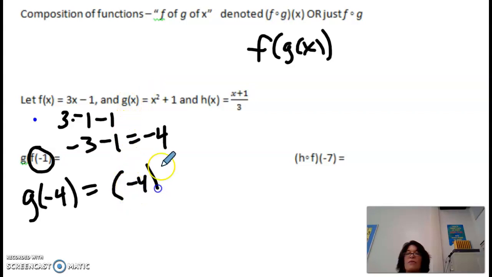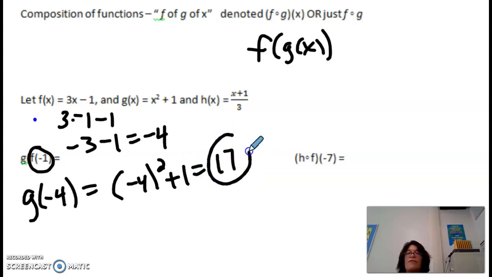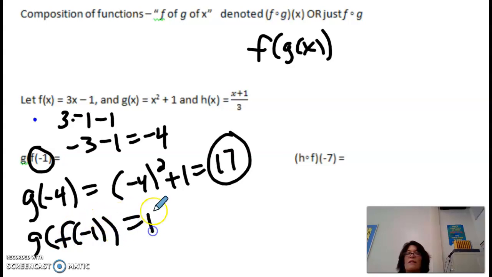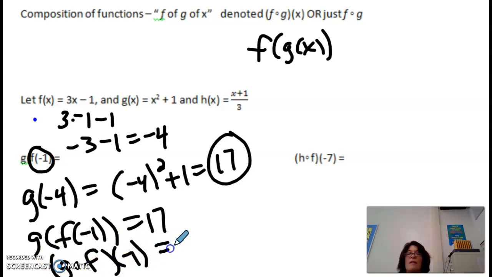So I have negative 4 squared plus 1. That would be 16 plus 1. The final answer is 17. G of f of negative 1 is 17. It doesn't matter if you use this double parenthesis notation or the circle notation.